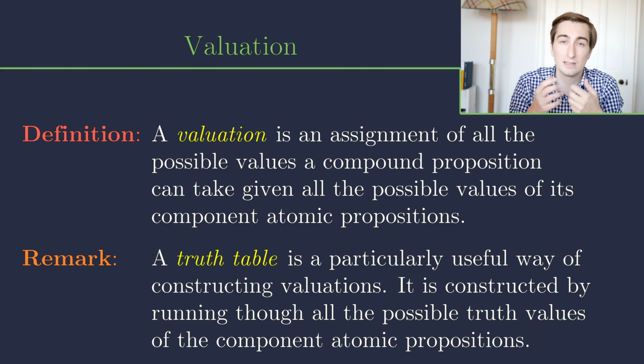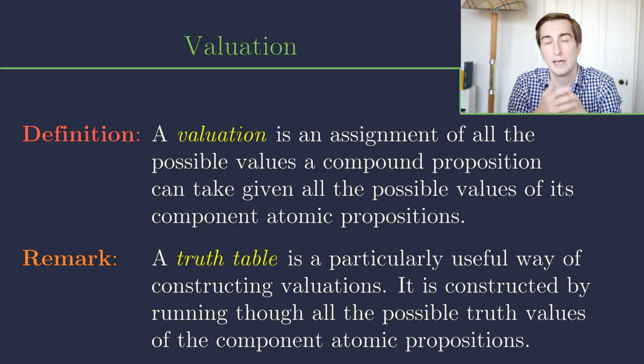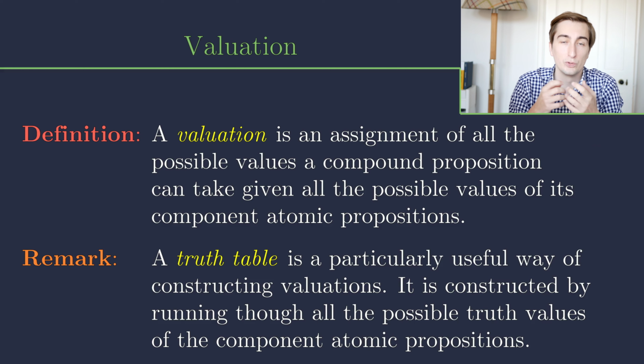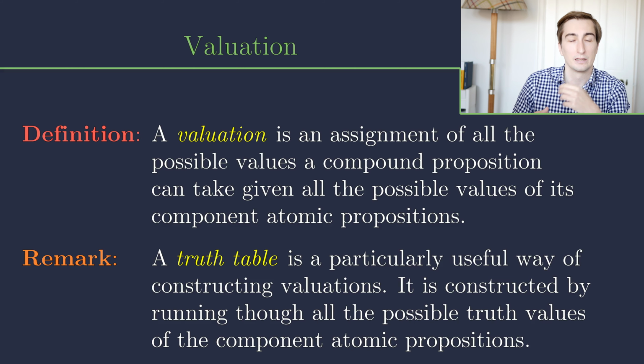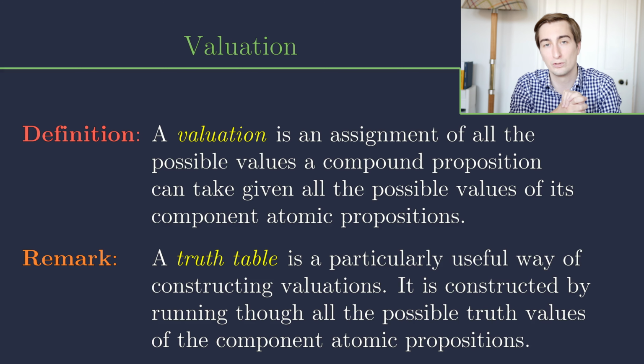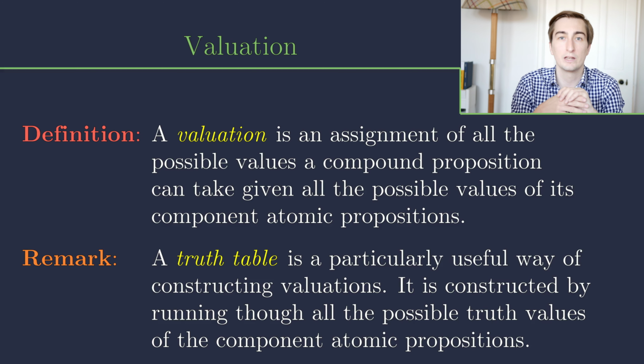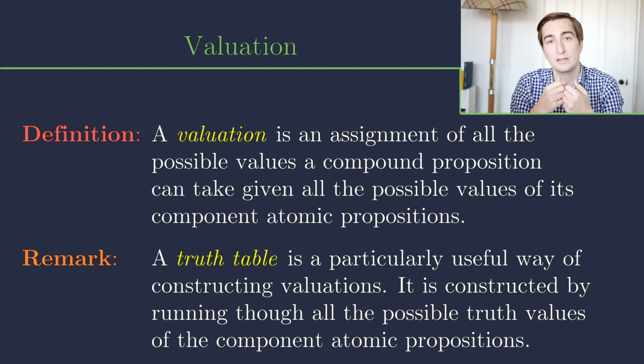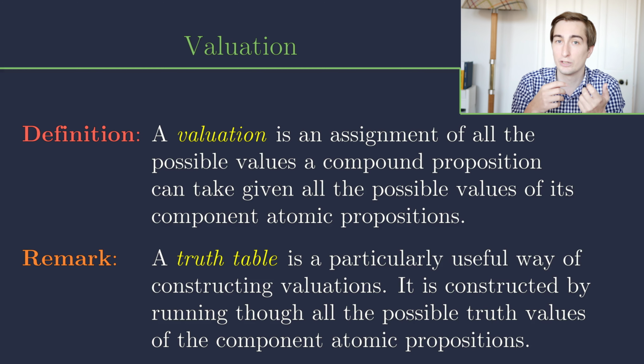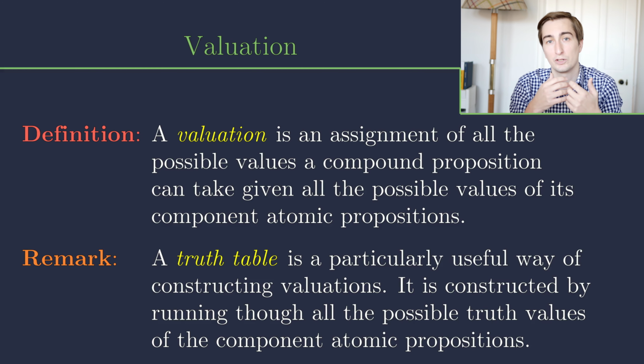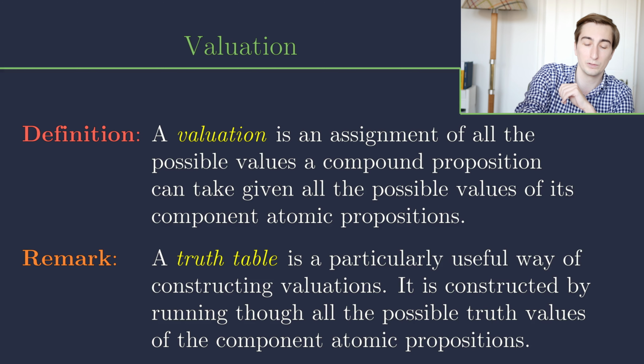Again, this is a little bit confusing, but you'll see how it works in just a moment by getting hands-on with some of these truth tables, and you'll see it's actually very intuitive. So far we've introduced what a logical connective is, the idea of a compound proposition, and how to create valuations of compound propositions.